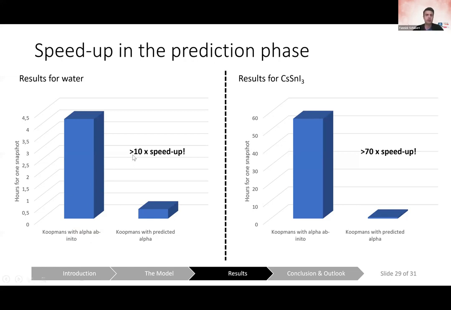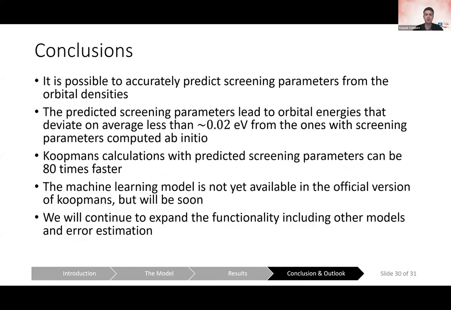And what you can see is that we get a 10-fold speed up in the prediction phase and a 70, nearly 80-fold speed up for the perovskite system. And this is really remarkable, I would say.